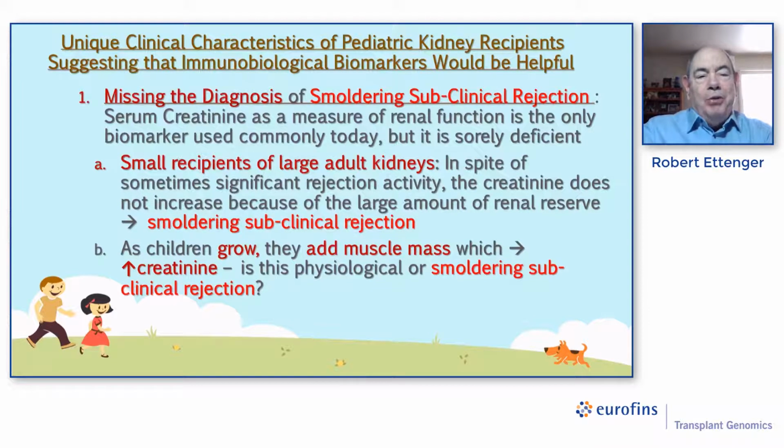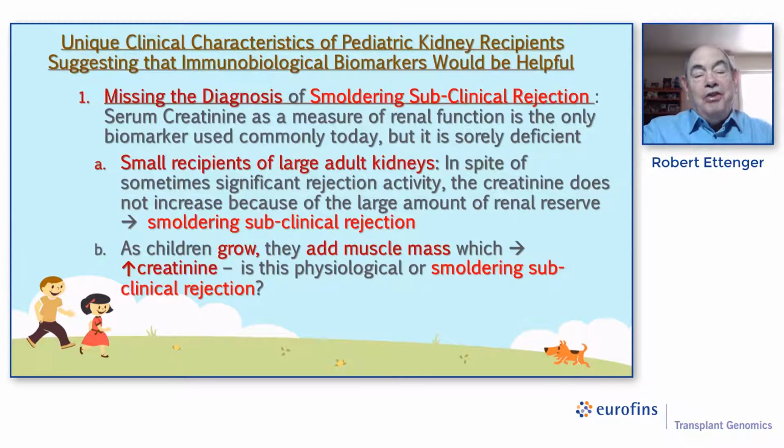As we all probably know, serum creatinine as a measure of renal function is the only biomarker that we use in renal transplantation today, at least in children, but it is sorely deficient. For example, small recipients of large adult kidneys have a major problem. In spite of sometimes significant rejection activity, the creatinine does not increase because of the large amount of renal reserve.